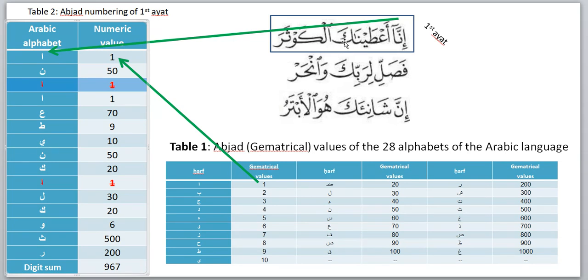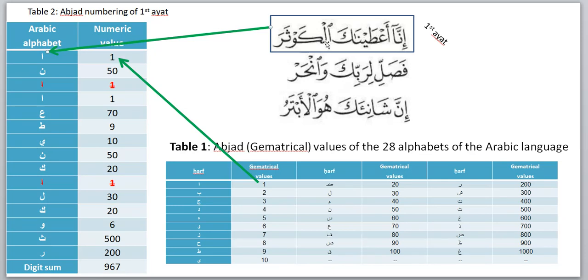A'atainaka al-kawthar. Kaf actually holds the lam, so this alif is not recited. Kal Kawthar. When we recite this, this alif is also not recited. Though alif is in written form, as it is not recited, I have cut it in this table.